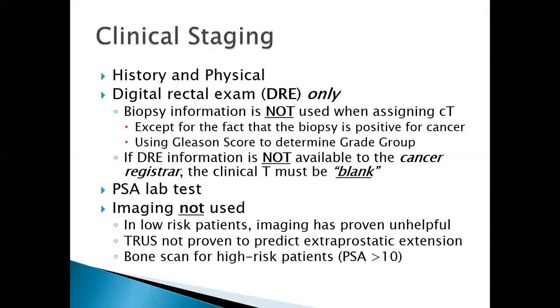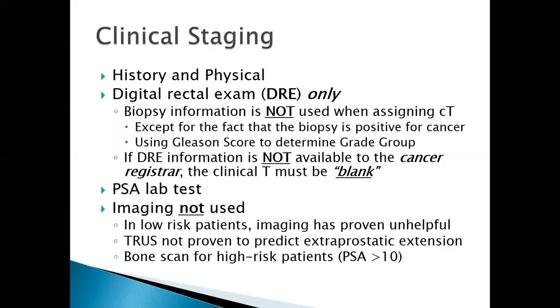And then we're going to use the Gleason score to determine the grade group from the biopsy, okay? But the only information that we're going to take from the biopsy to clinically stage the prostate cancer is that the biopsy was positive, it's cancerous, okay? And then we need to use the Gleason score to determine the grade group, all right?